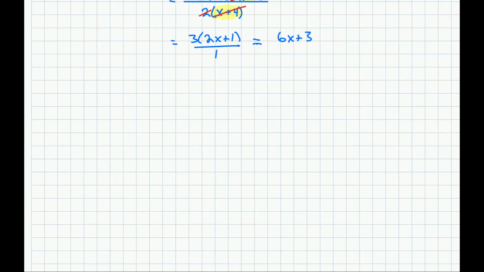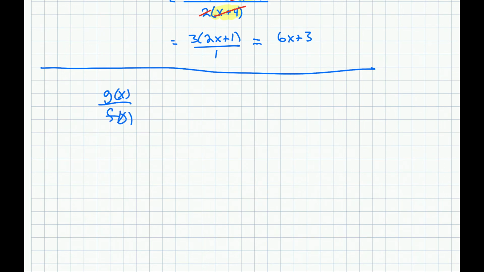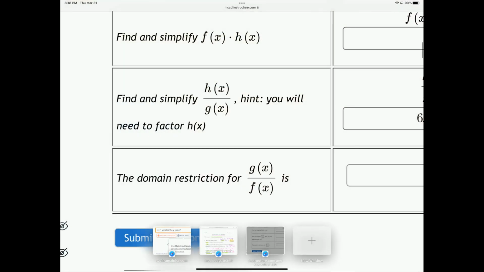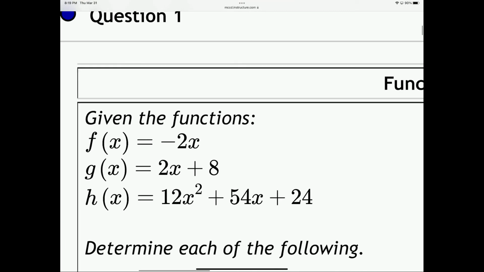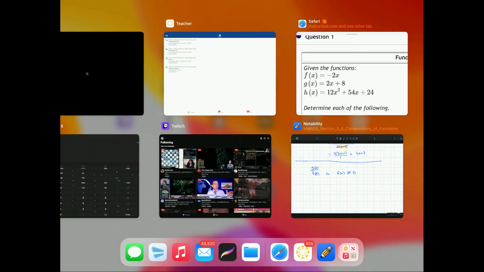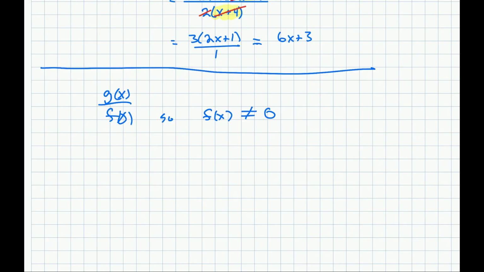If you had g of x over f of x, you're not allowed to divide by 0. So f of x is not allowed to be 0. And on this problem, f of x was, for me, you might have different numbers, 2x, or -2x is not 0.